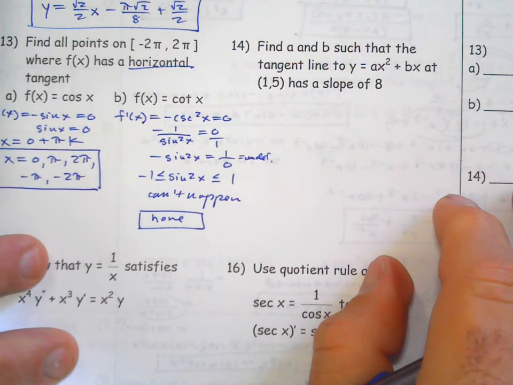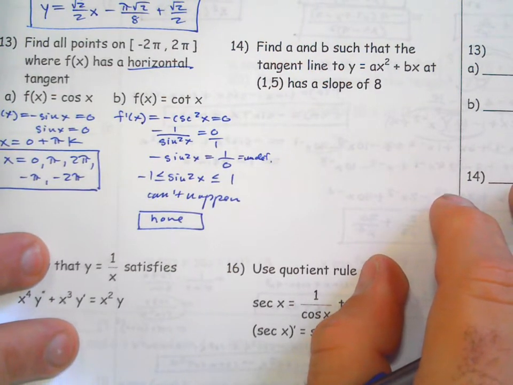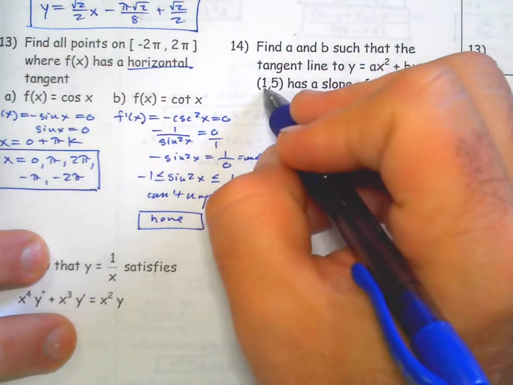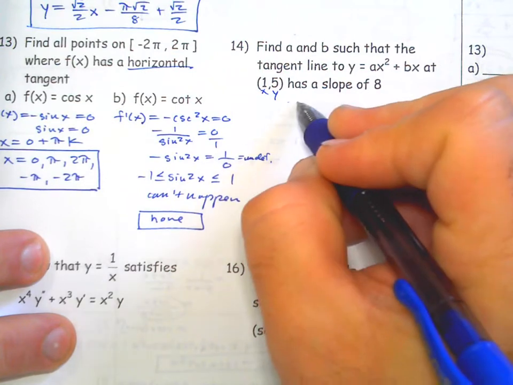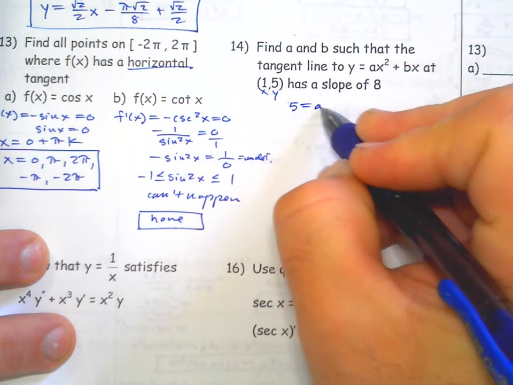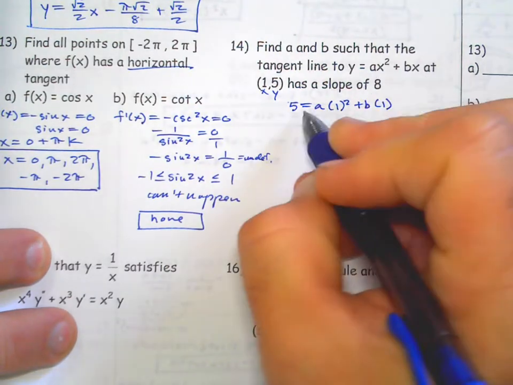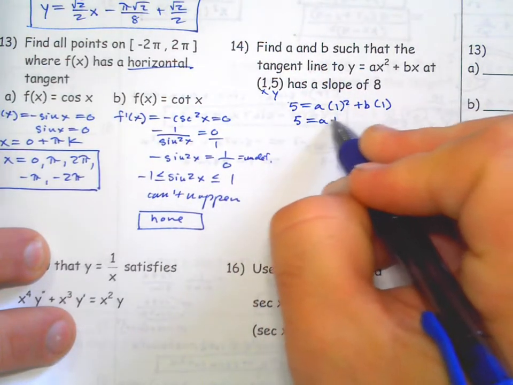14, find A and B such that the tangent line at 1, 5 has a slope of 8. Okay. So we know that this xy pair has to be able to be plugged into the equation for it to be true. So we start with that to get one relationship. We have two unknowns, so we need two relationships. So that's one relationship.